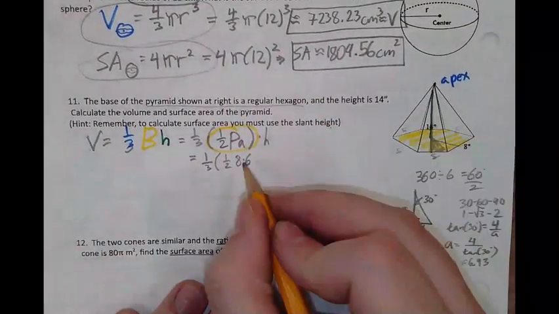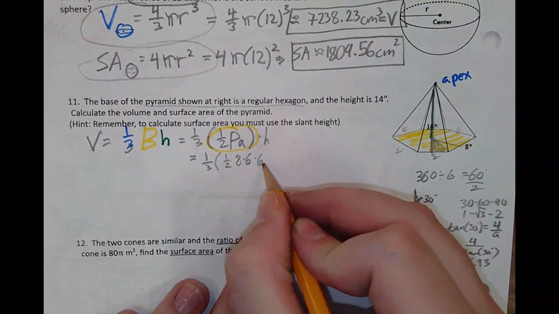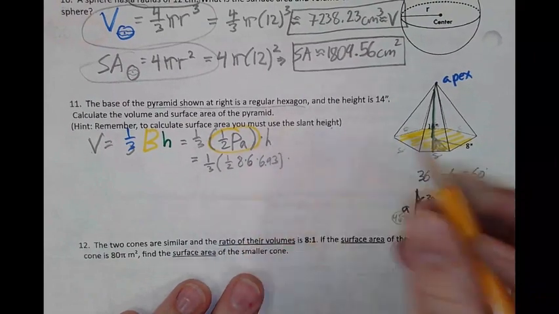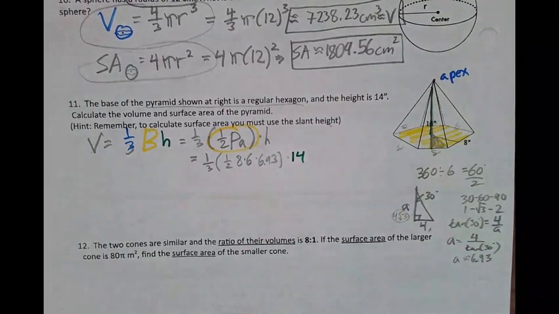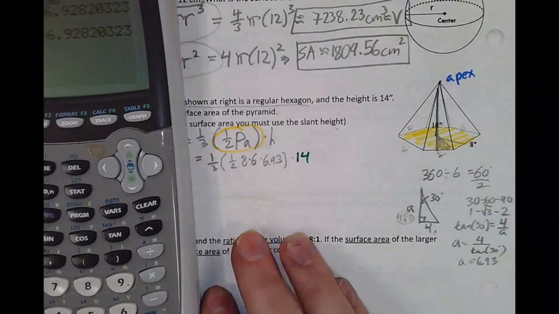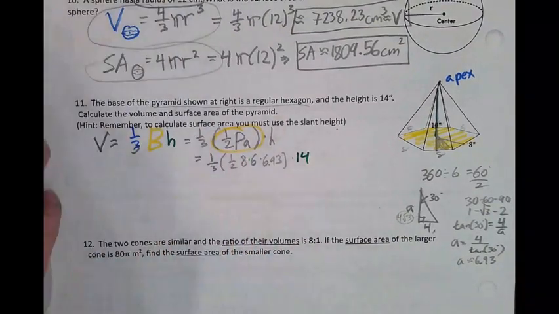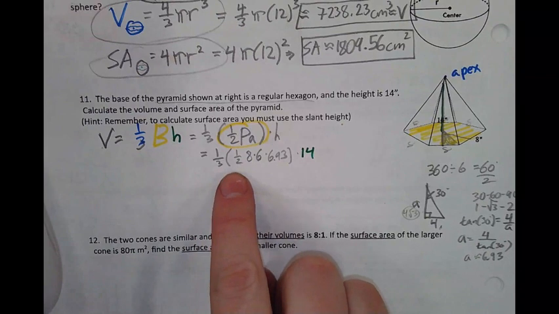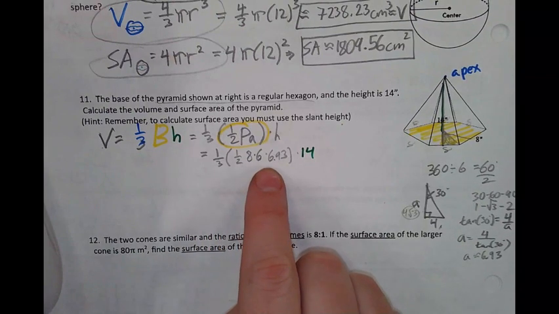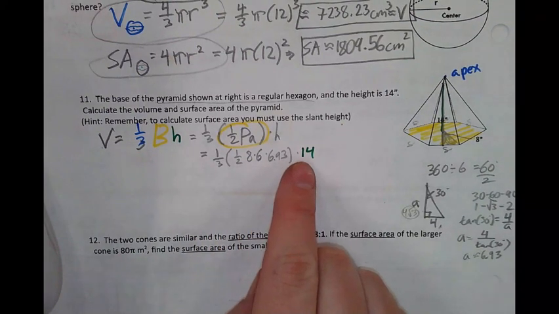Okay, so we have the apothem is 6.93, and the height of the figure is 14 inches. So multiplying all these numbers together, I will get my answer. Let me try this with Siri. What is 1/3 times 1/2 times 8 times 6 times 6.93 times 14?